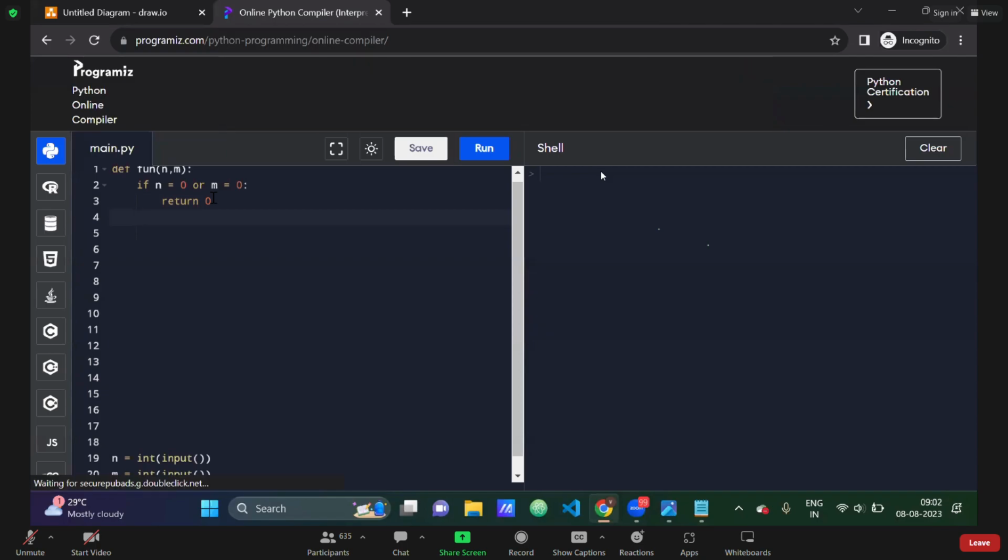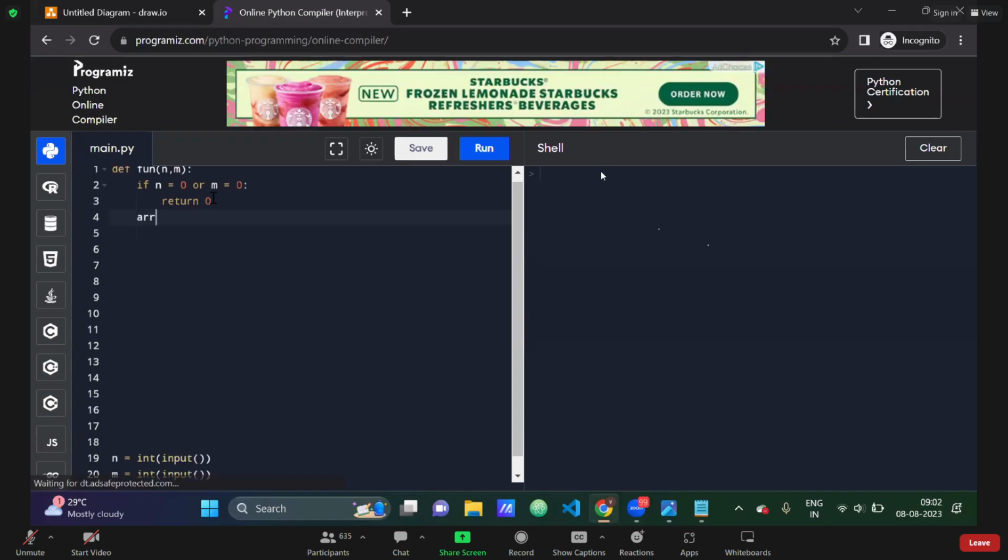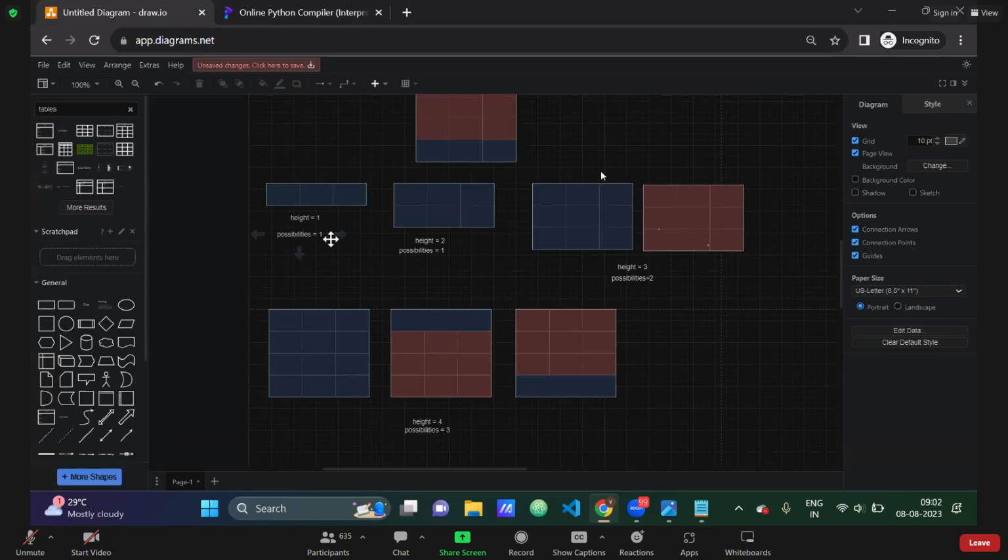The next case is, let me take an array to store the possibilities of each height, which I have found here. For height 1 the possibility is 1, height 2 the possibility is 1, height 3 the possibility is 2. So for storing the possibilities value for each height, I am considering an array.